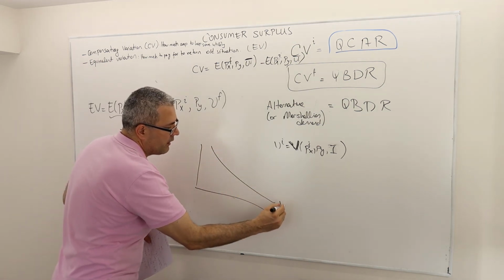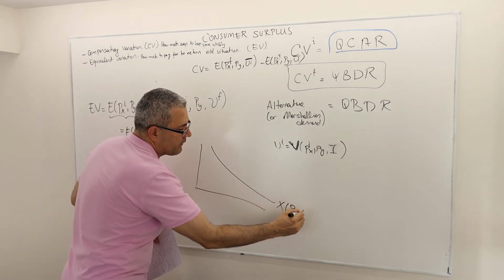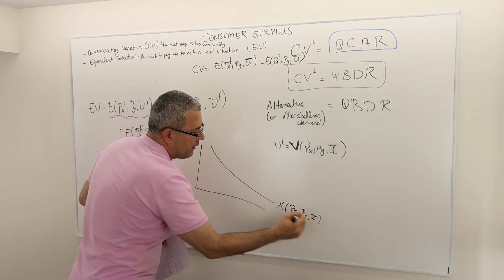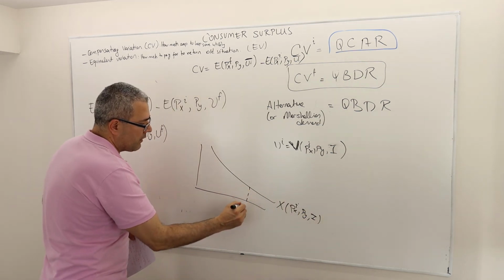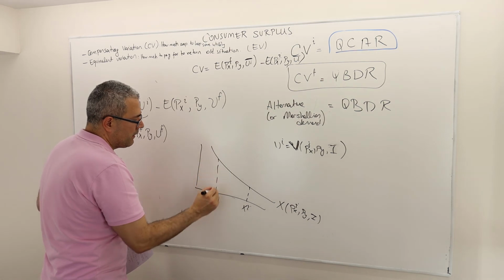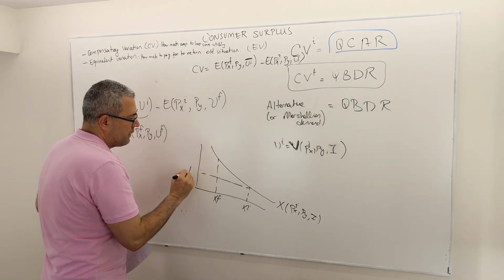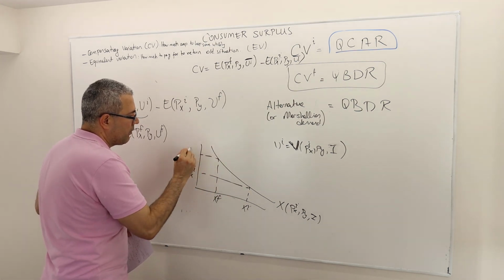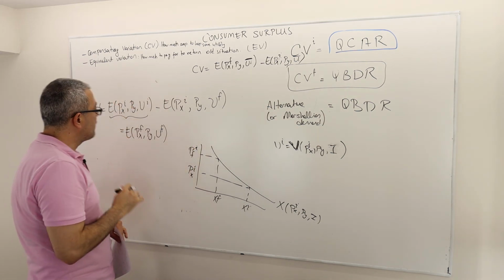That was the Marshallian demand, PX, PY, and then the income. So this is the initial, that was X initial, that was X final, that is PX initial, that was PX final.